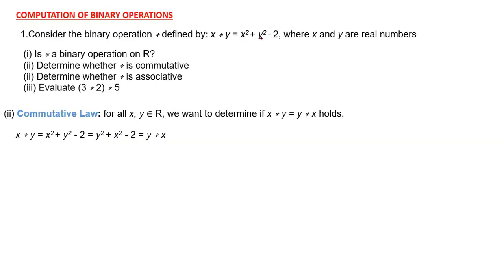So question 3, this one is supposed to be 3, not 2, and then this one will be 4. Determine whether star is associative. So for the associative law, what you just need to move is a parenthesis. Now, somebody will ask themselves, here we only have x and y. Where are we going to get the third value?